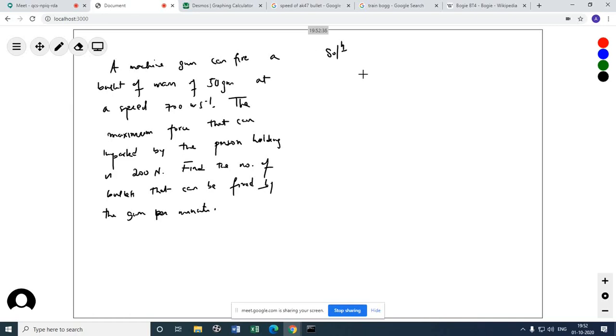It's a very important question. Real life. So what do you need to do? Find change in momentum of one bullet. Then multiply it by n.